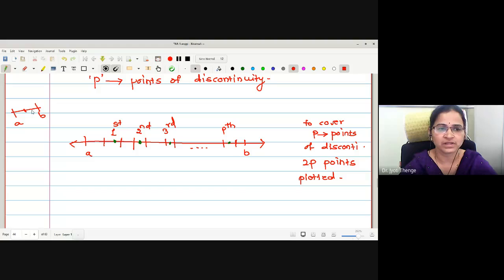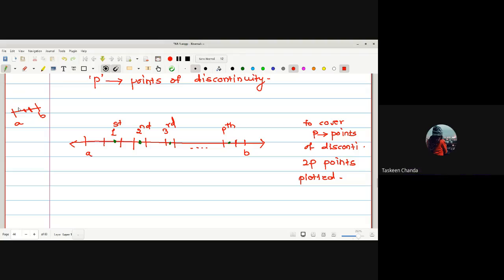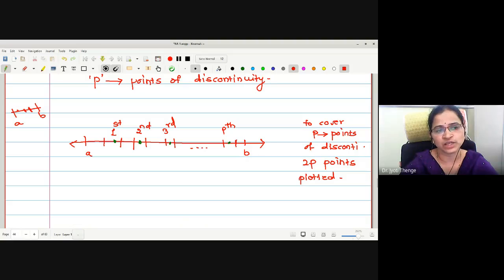By plotting one point in the interval, 2 subintervals. Correct. If I plot 2 points, how many subintervals? 3. If I plot 3 points, yes, 4 subintervals.